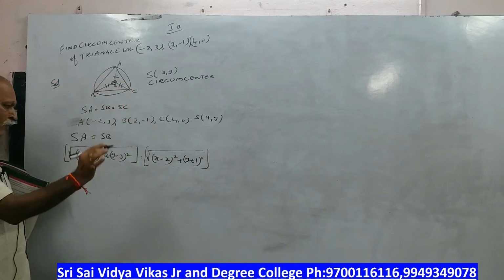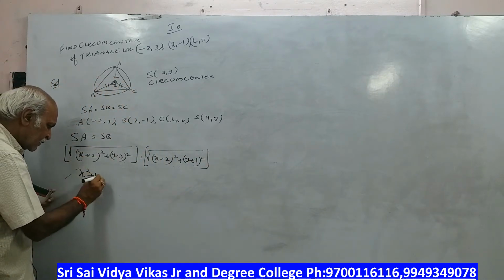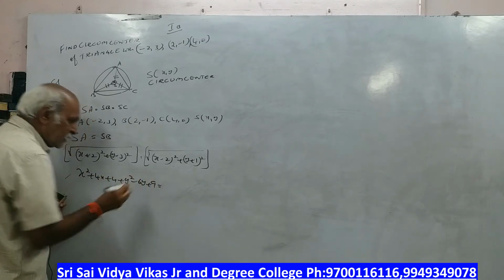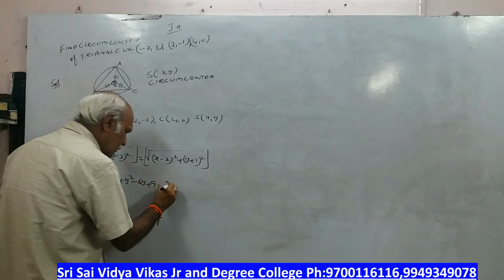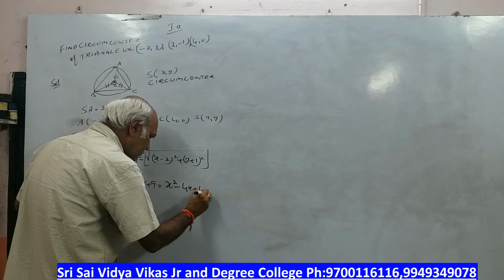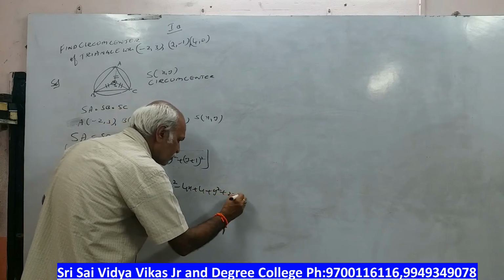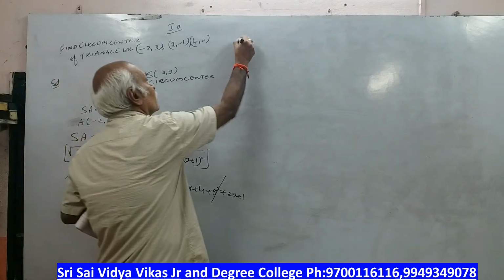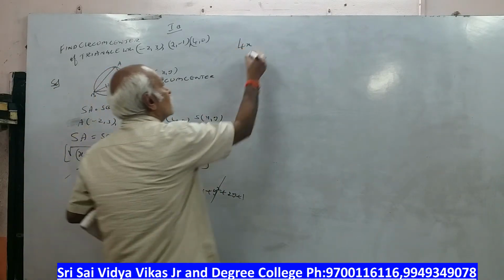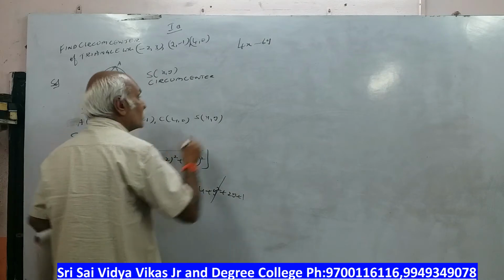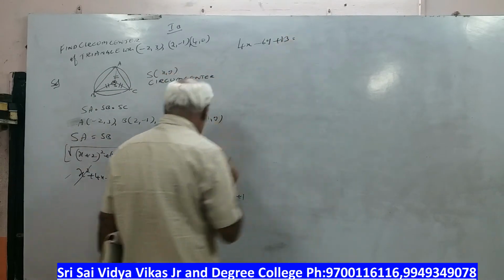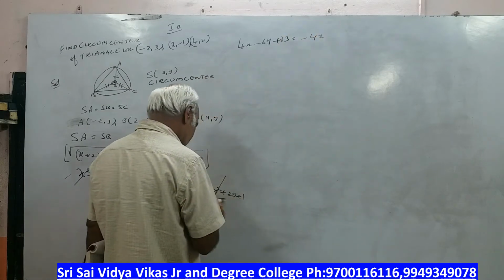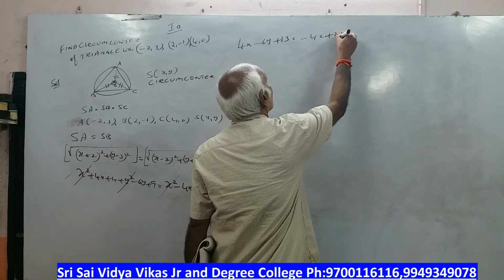Okay, so the square roots will get cancelled. Expand: x square minus 4x plus 4, plus y square plus 2y plus 1; x square and y square cancel. So this becomes 4x minus 6y plus 13 on the left, 9 plus 4 is 13. Here also minus 4x plus 2y plus 5.